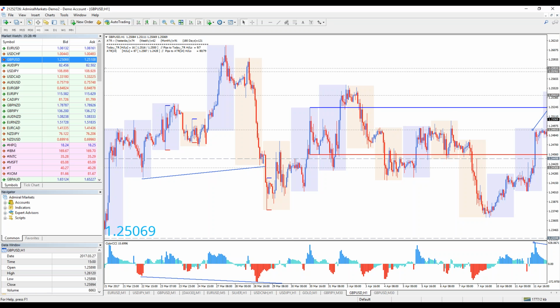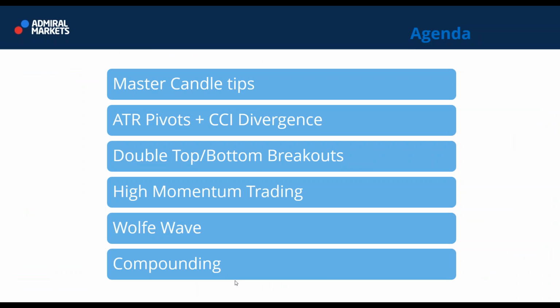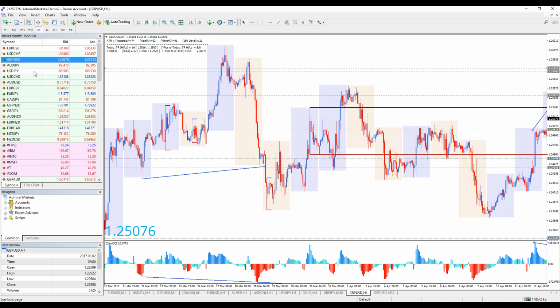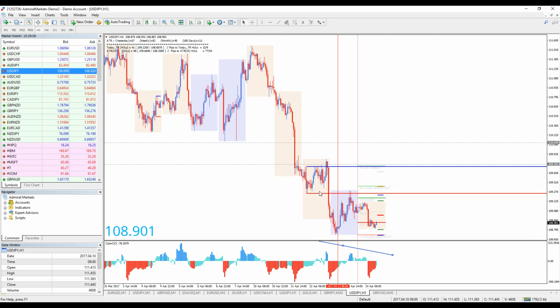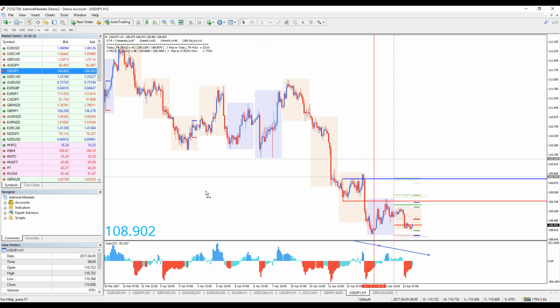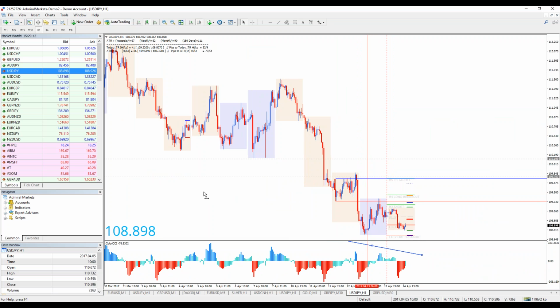Next thing I wanted to tell you about is double top and double bottom breakouts. Double top and double bottom breakouts are always important to watch for. Simply because, guys, when a double top or double bottom is broken, you will see some movement unless it's a fake breakout.